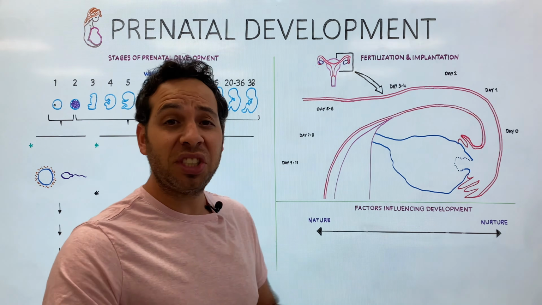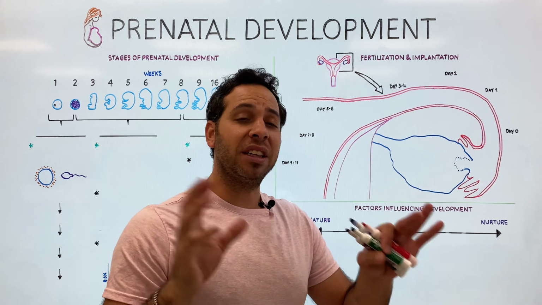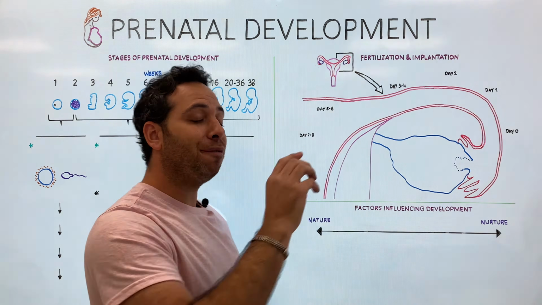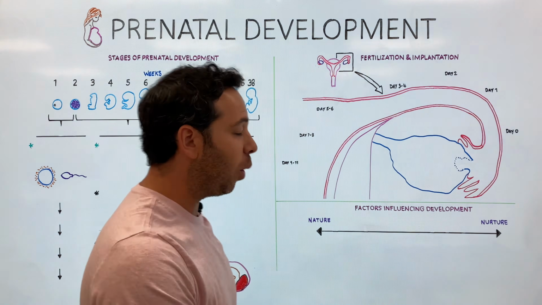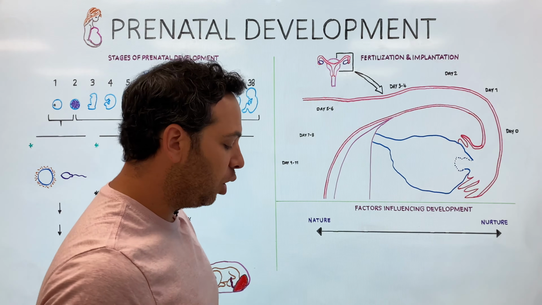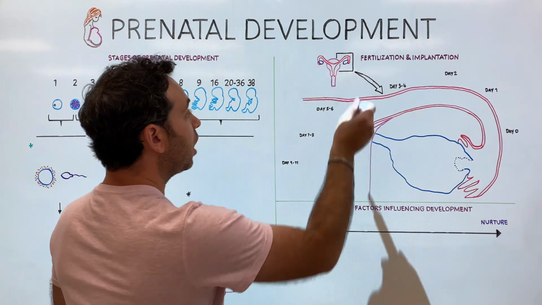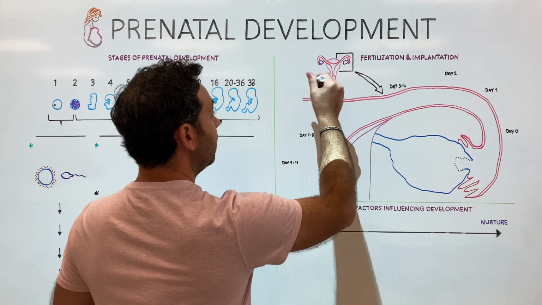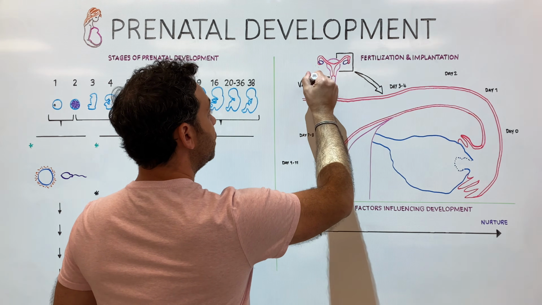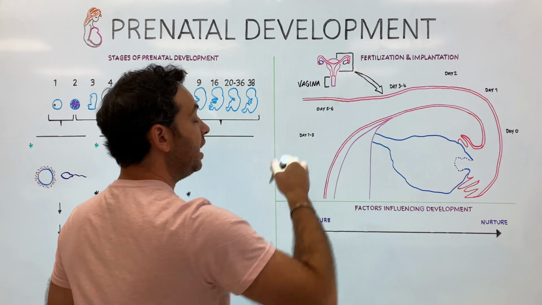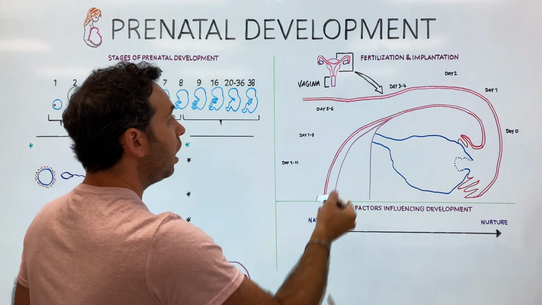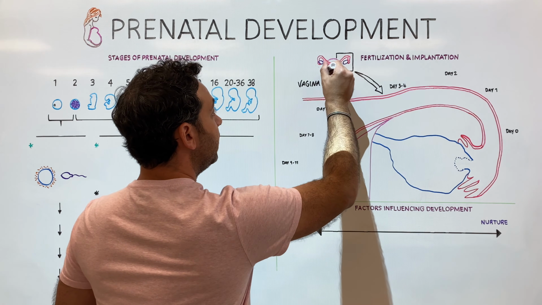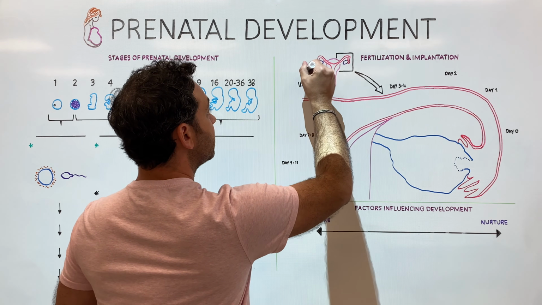It's probably something you've seen 1,000 times online in textbooks, and this is the female reproductive system. So let's just make sure we are understanding what we are looking at. A couple structures I do want to point out. The bottom structure right here is what we're going to label as the vagina, and this would be the birth canal, right? Sitting right above it is what we call the cervix, okay?